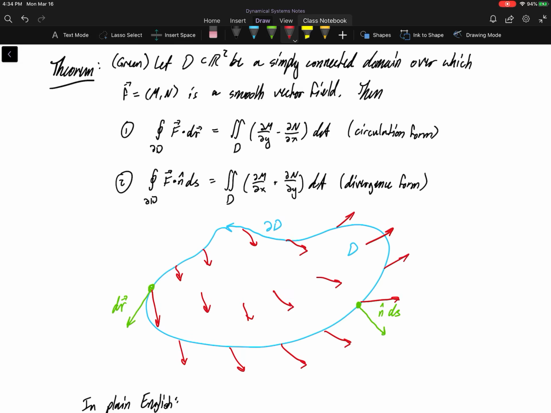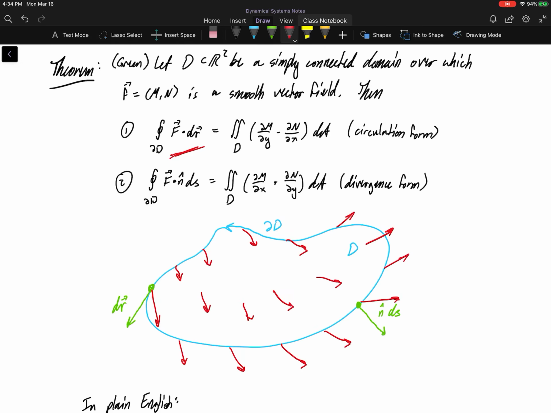Okay, so when we are integrating over such a region, then the first and probably most common statement of this theorem is that there's a circulation around the boundary, right? The left integral here, this work integral on the left, says this is how much of F points in the same direction as we travel along the boundary curve ∂D.